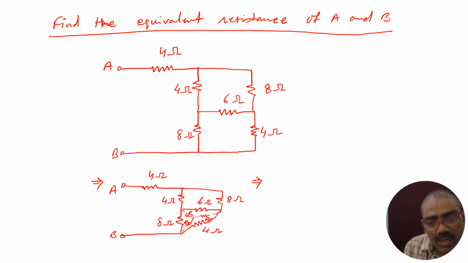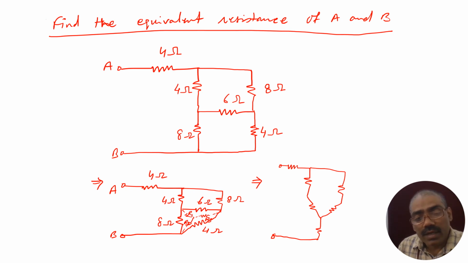So now my circuit is like this, and here again we will have to follow the property through which we can easily calculate the resistance value.